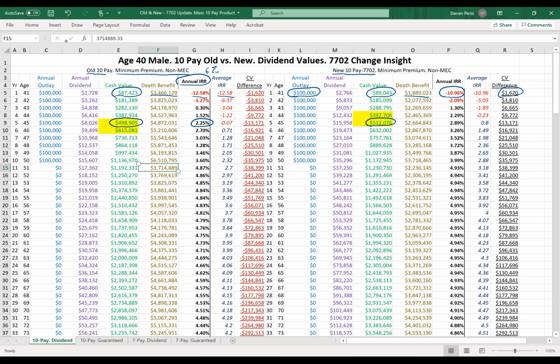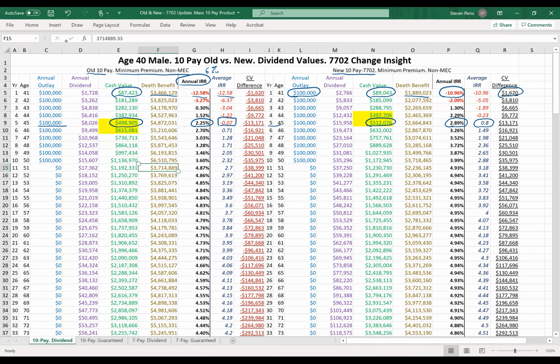The IRR represents the net growth after the company's insurance expenses, mortality charges. What did it actually grow by? And the average IRR is still negative here, 0.07%, because I have paid in a total of $500,000 and I've got about $499,000. So I'm still negative, less in cash value relative to what I've paid in. Compared to the new product, 2.89% on the IRR and positive on the average IRR.